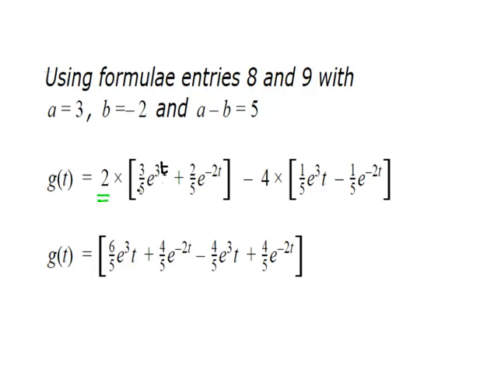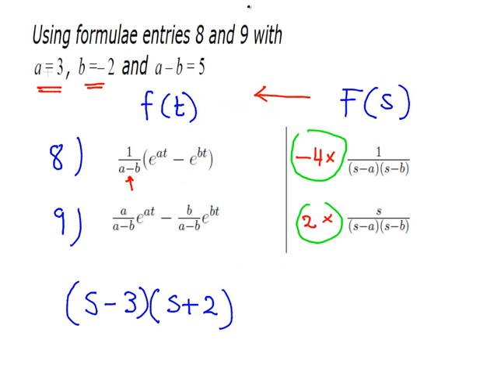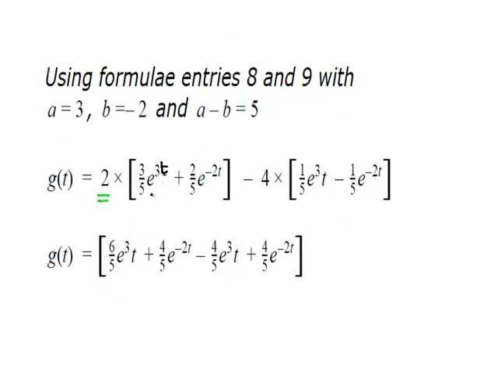So 3 over 5, that's a divided by a minus b, times e to the power of a t. Let's go back here a second and see exactly what I mean. I'm talking about this bit here in particular. 3 is a, a minus b is 5, e to the power of a t, that's e to the 3t. So we have that bit there.